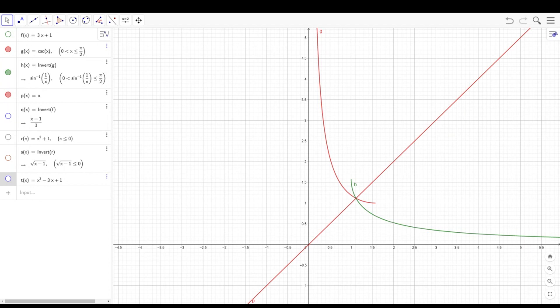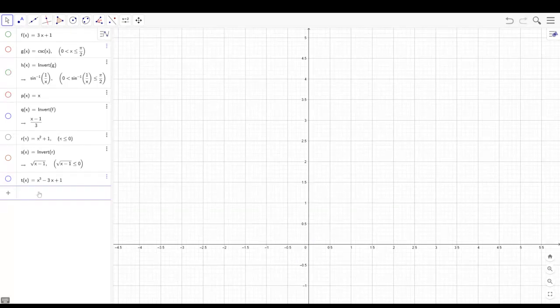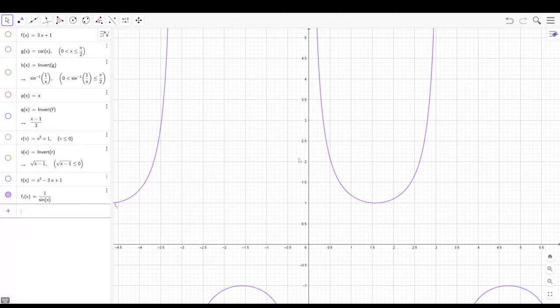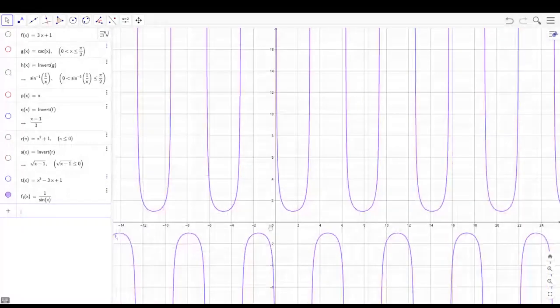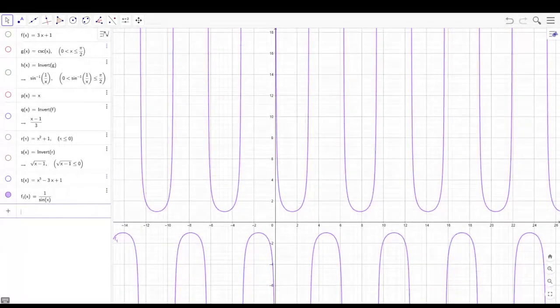Okay. Now, let's say I just put in, I don't know, this. So this is, if I'm just considering that graph for all x, you can see that that is clearly not a one-to-one function, because if I draw a horizontal line, it's going to touch at many points, right? More than one point.